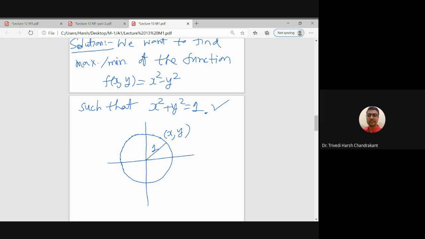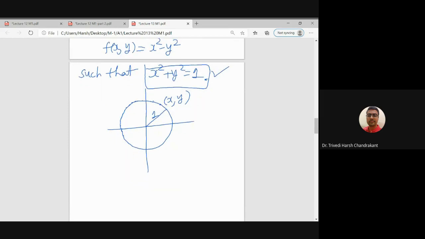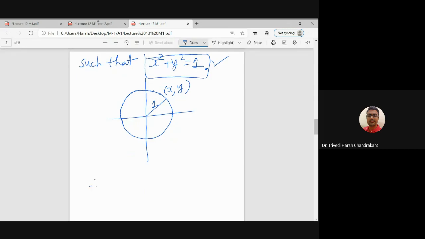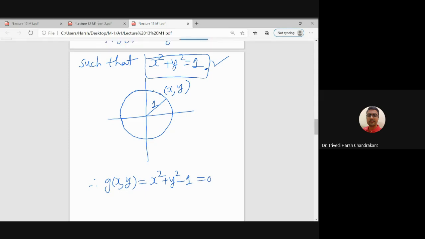So that means this is our condition, g of xy equals 0. Therefore, let us write down what gxy is. Gxy is basically x square plus y square minus 1 equal to 0, because we have converted this equation of the unit circle into some function of xy equals 0.